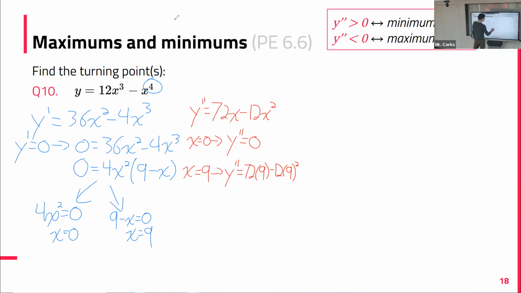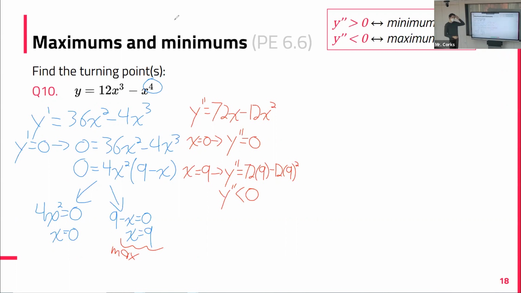What I would notice here, the 72, that's 8 times 9, and then times 9 again, and then minus 12 times 9 times 9. So the second term is going to win there, and the result will be negative. We can see the actual number, 36, but we really just care that it's going to be negative. Okay, so x equals 9. What kind? All right, so we have a maximum here.